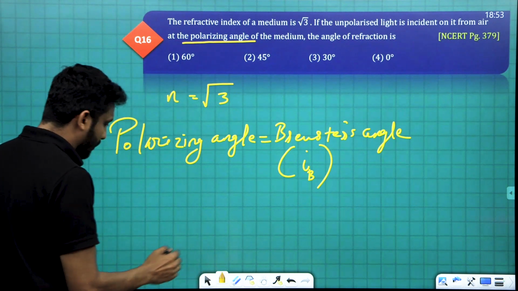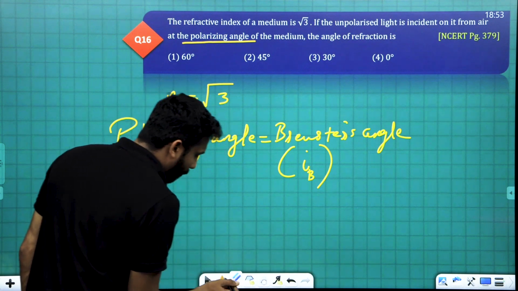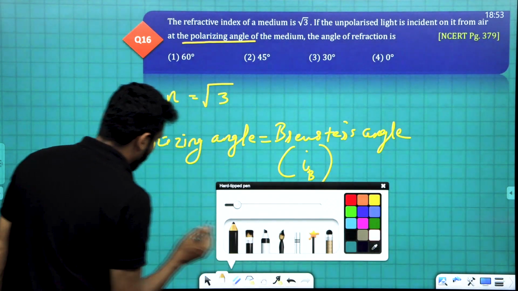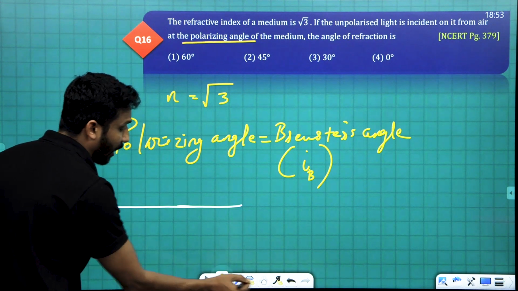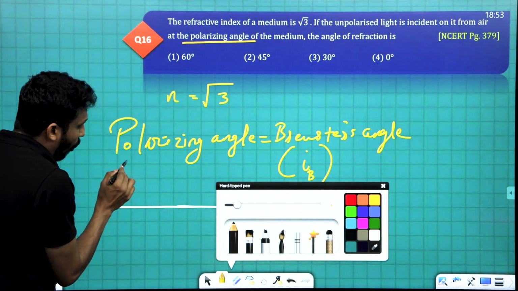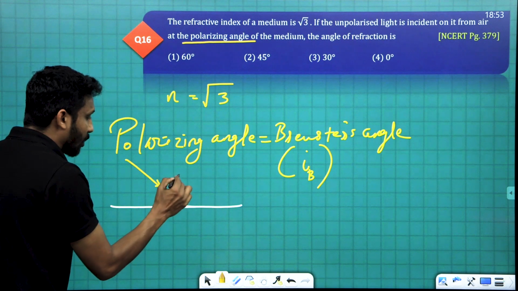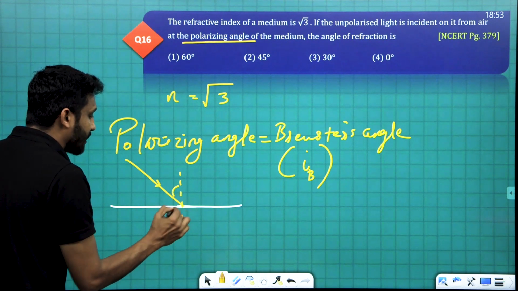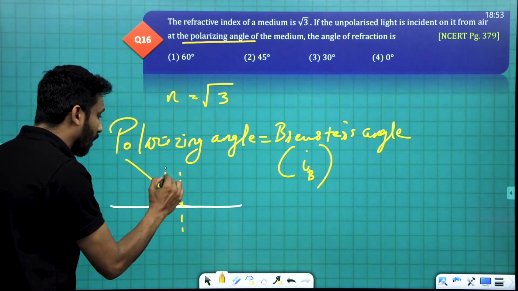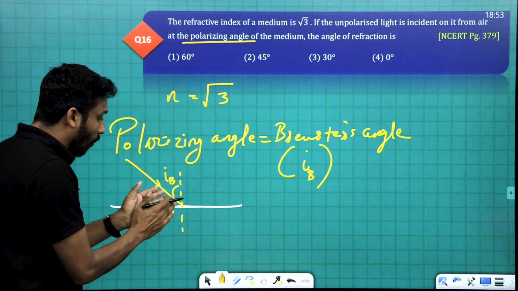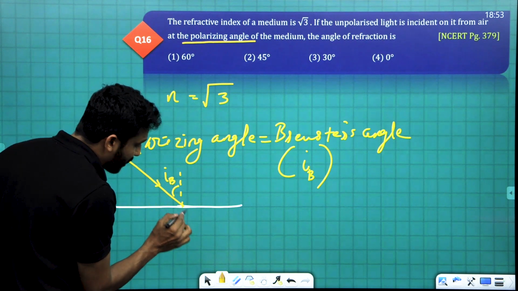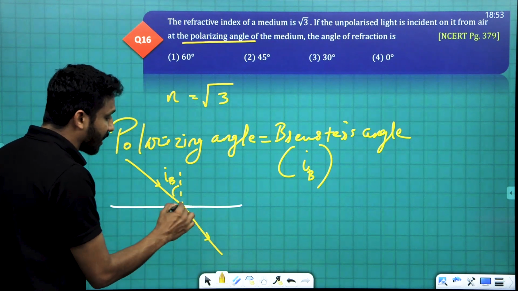What is the situation? Suppose there is a boundary separating two media. Unpolarized wave hitting at what angle? At polarizing angle. What is polarizing angle? Otherwise called Brewster's angle IB. Some part of this is refracted and some other part is reflected.